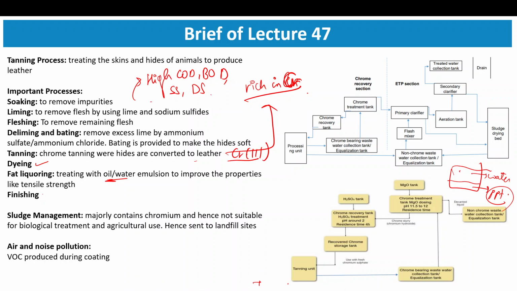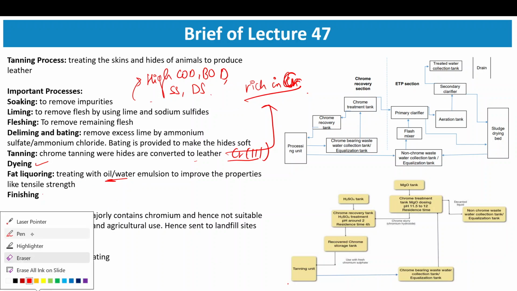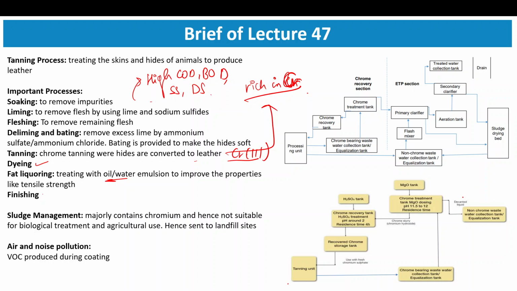But depending on the efficiency of the process, there are high chances that 100% recovery of chromium is not obtained. So there might be small traces of chromium left, but majorly you can say it is removed.